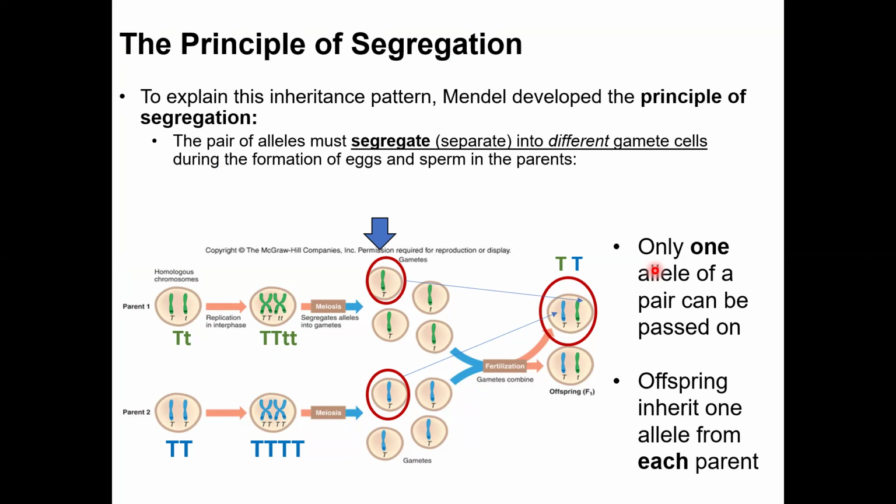Anyways, through this monohybrid cross, Mendel was able to develop the principle of segregation. This means that the alleles must be able to segregate or separate into different gamete cells during the formation of eggs and sperm in the parents, and only one allele of a pair can be passed on, and the offspring inherits one from each parent.